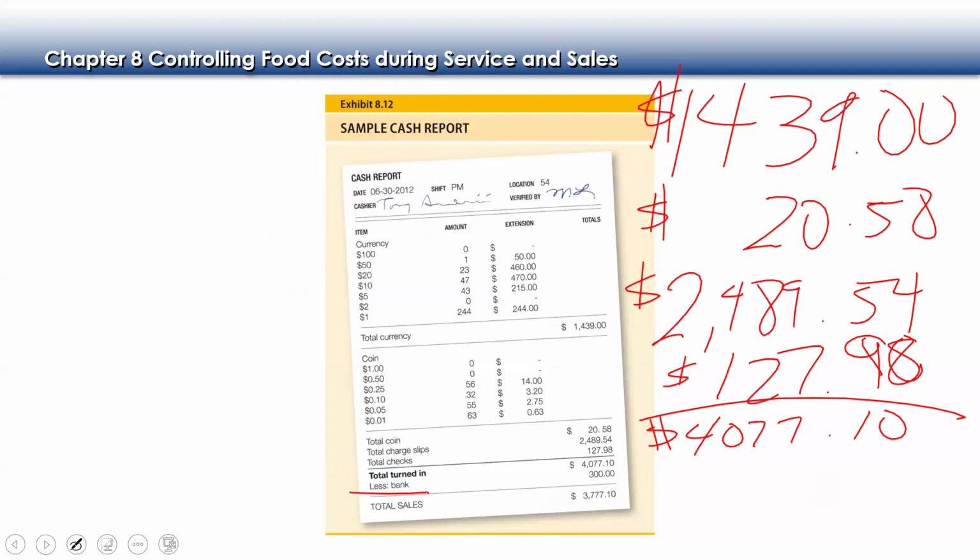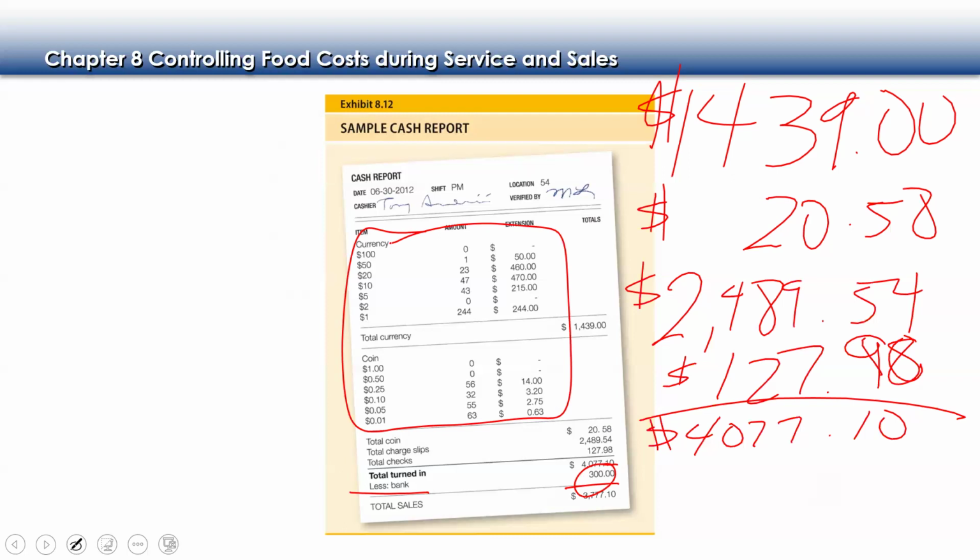Now, what does this say? Less bank. What does that mean? $300 less bank. That's what we started with. We always start with a bank. Think about a cash register has money in it at the very beginning. But all that money that's in there is part of all of this up here. So we have to subtract it in order to make sure that our sales matches the cash that we're actually depositing.